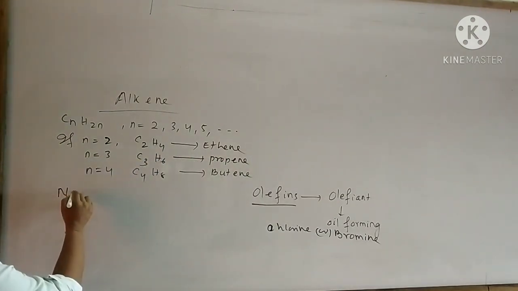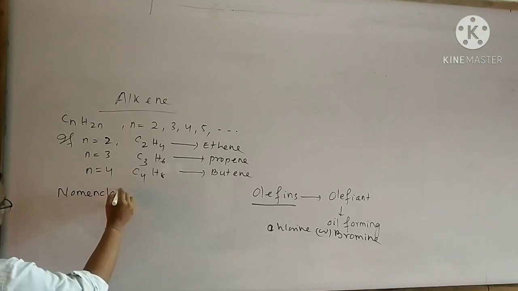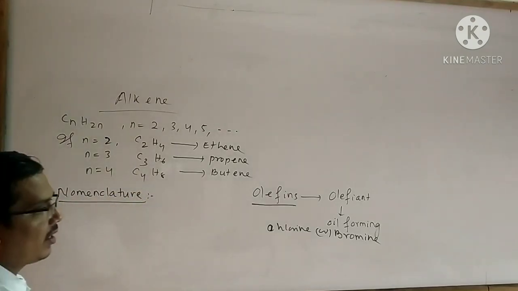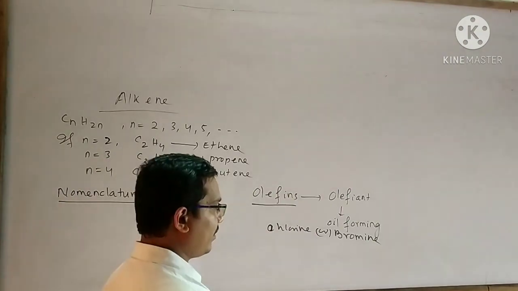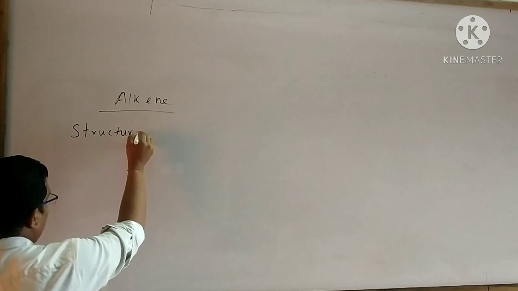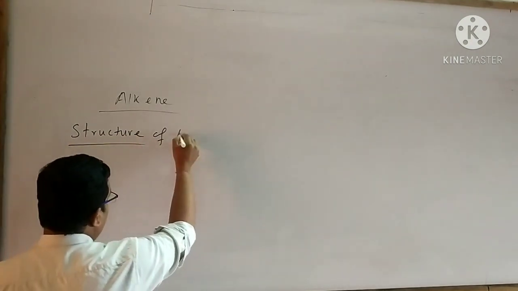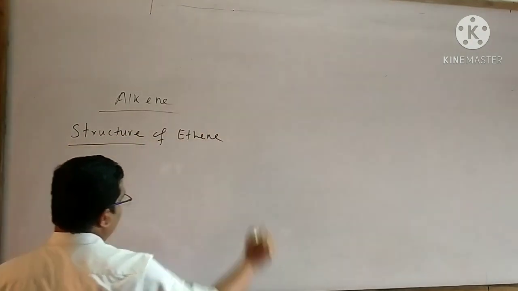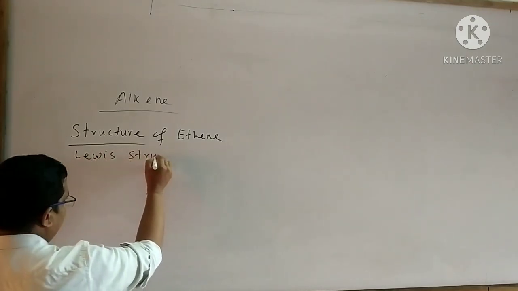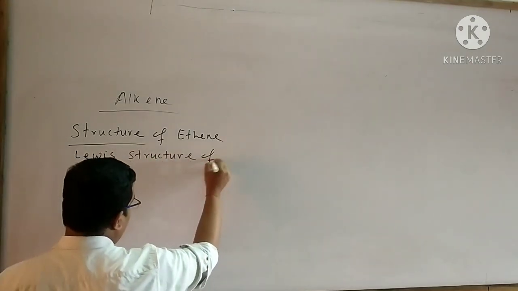Next I will discuss the nomenclature. It was already discussed in the basic concepts of organic chemistry. Next I will explain the structure of ethene. At first I will discuss the Lewis structure of ethene.